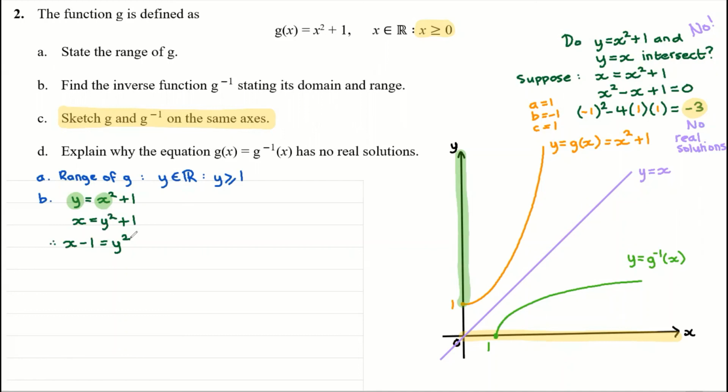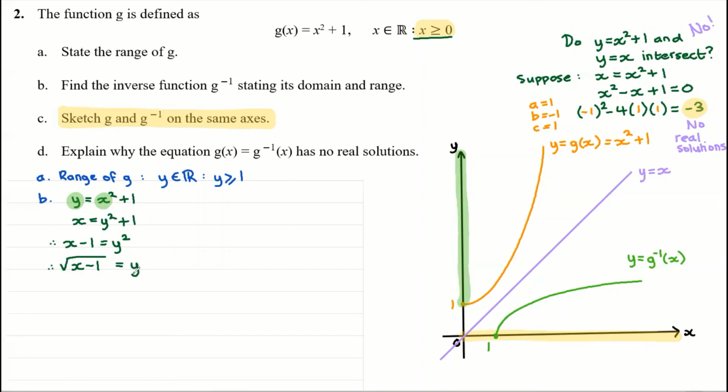It has to be because it's also the domain of my original function. So it has to take positive values. Now, if I took the negative square root, that would give me all negative values. So that can't be the case. So we're going to take the positive root. So therefore, the square root of x subtract 1 is equal to y.